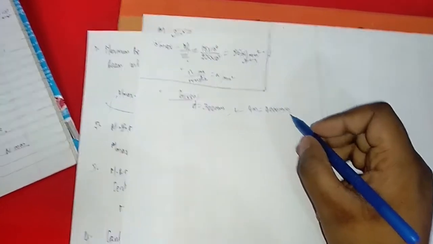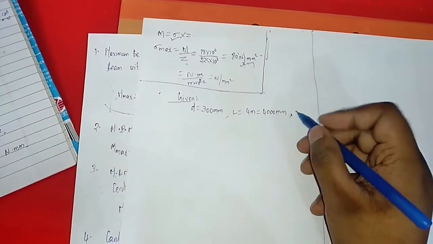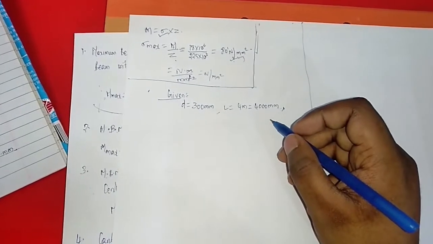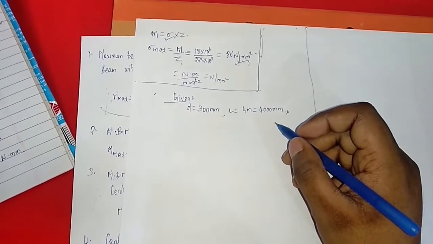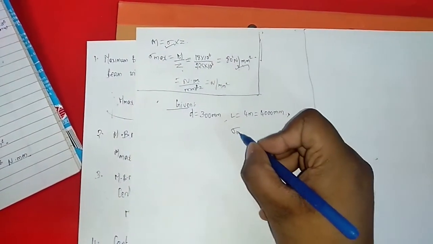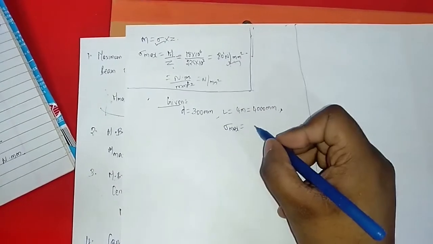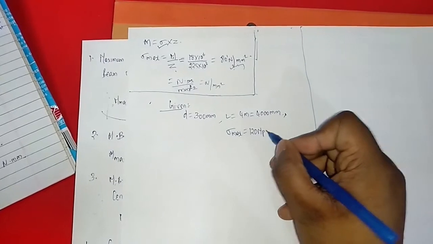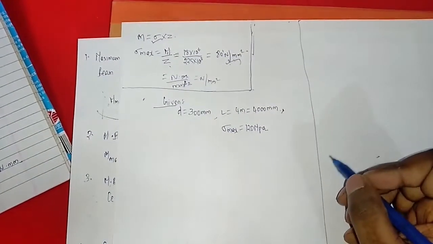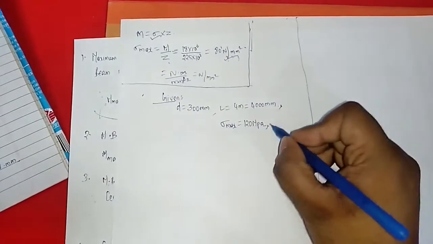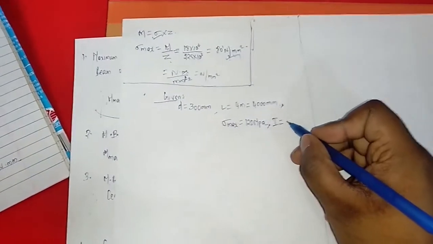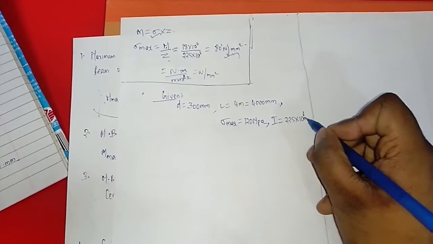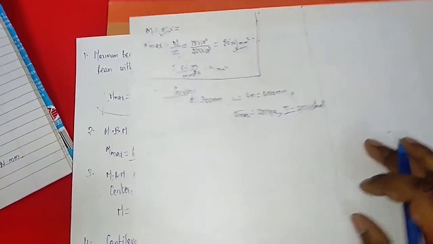Next, they have given the maximum bending stress sigma, 120 MPa, in the question itself. And they have also given the moment of inertia I is equal to 225 into 10 to the power of 6 millimeter power 4.